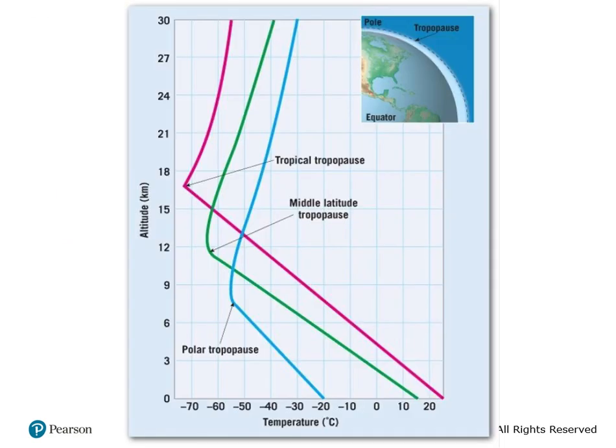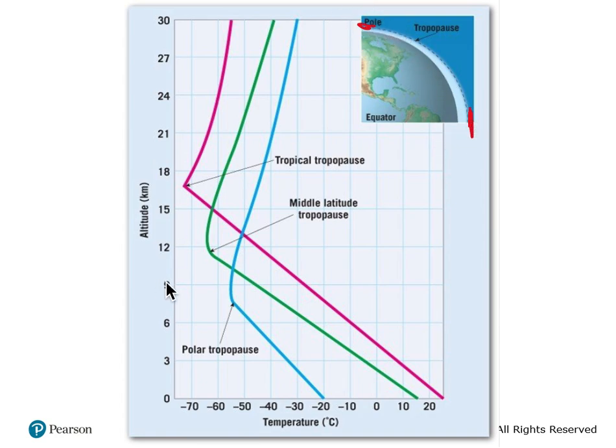And this graph is showing us the temperature profile of the troposphere layer and where we find the height of the tropopause. If we look at this graph, we could see that the height of the tropopause at the equator is higher compared to the poles.